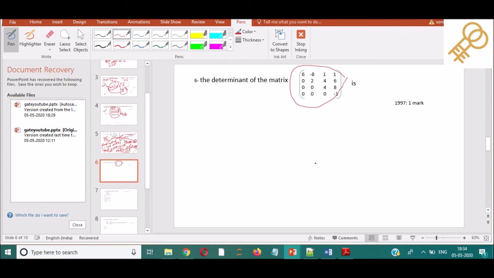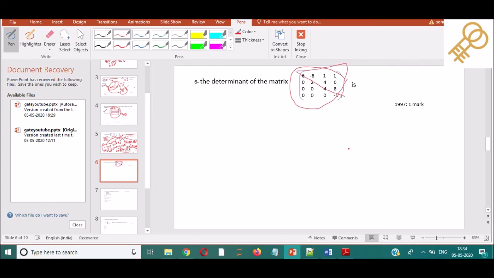In the given question, you can see that this is an upper triangular matrix. I hope you all are familiar with what an upper triangular matrix is and what a lower triangular matrix is.